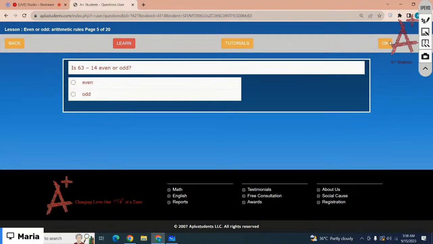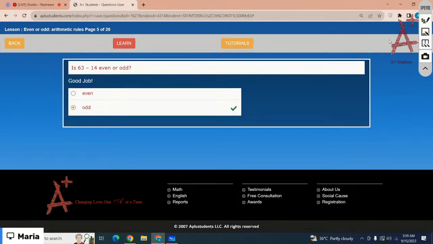Is 63 minus 14 even or odd? 63 is an odd number and 14 is an even number. When you are subtracting an even and an odd number, their answer must be odd. You can check them by subtracting, right?